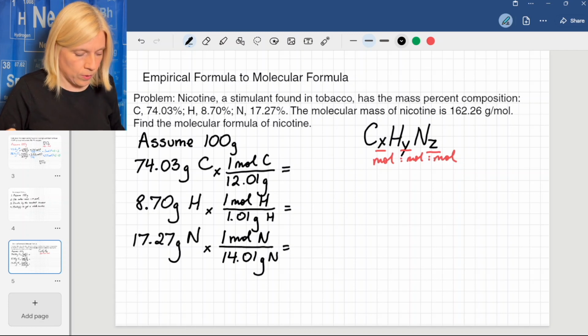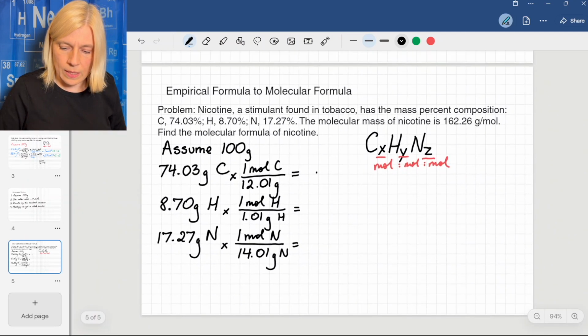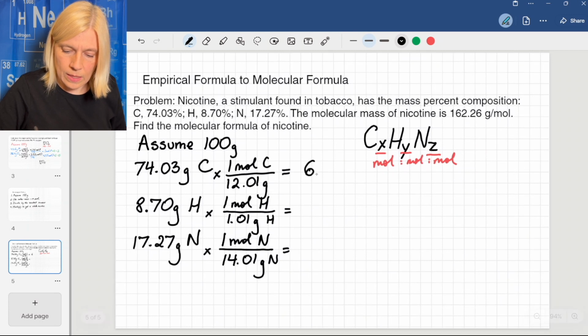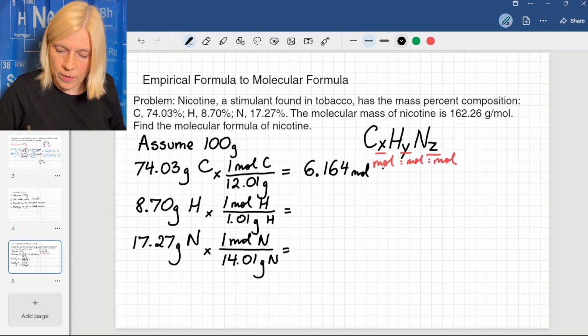So let's get our calculators and quickly change things to moles. Divided by 12.01, we have 6.164, with one more sig fig, moles of carbon.